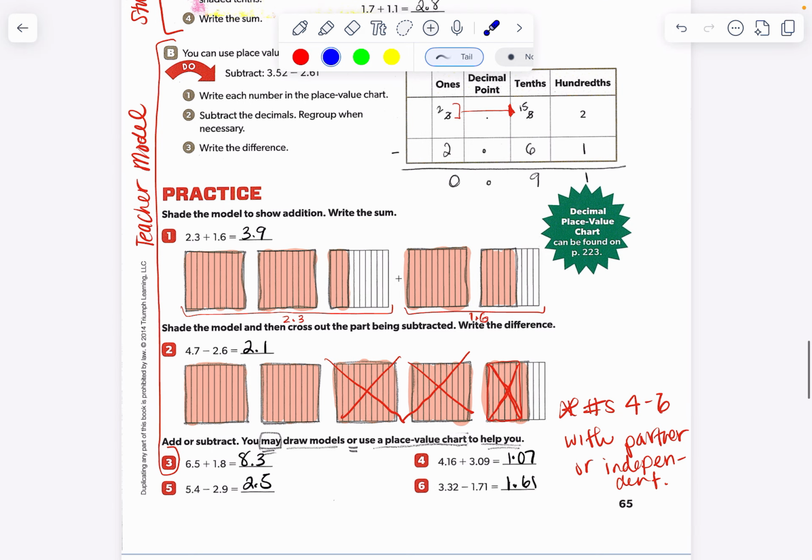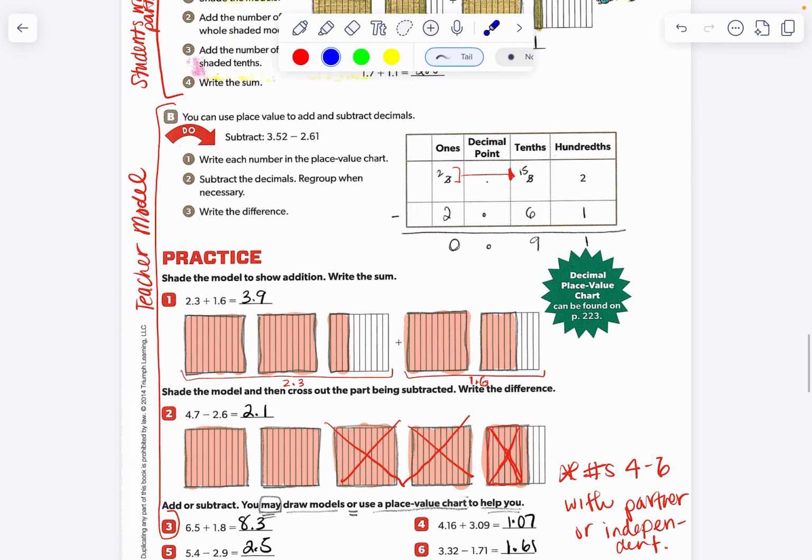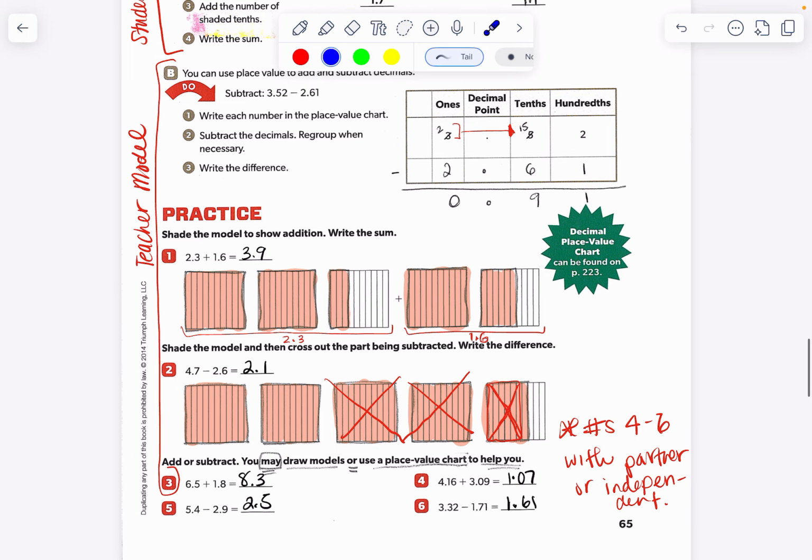You are actually going to model what number 2 looks like only, okay? So we are going to start out with our first number, shade in 4 entire wholes, in addition to 7/10. And then it tells us to take away 2 wholes.